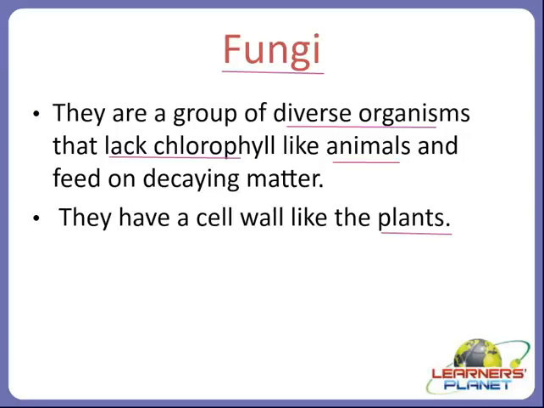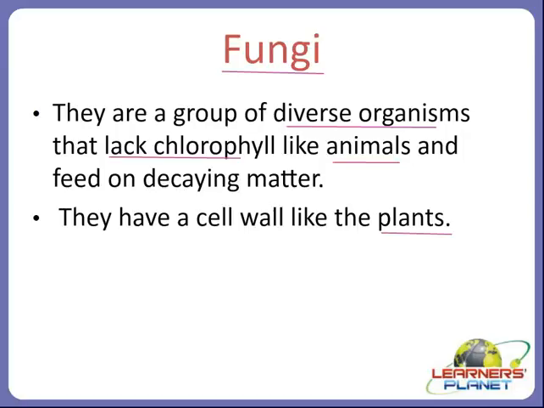Higher animals ingest food material and have a digestive system to digest it. But fungi are unicellular organisms, or they lead a colonial type of life. At some extent of life, they show multicellularity also. If the organ system is not organized, how do they manage their nutritional requirements?